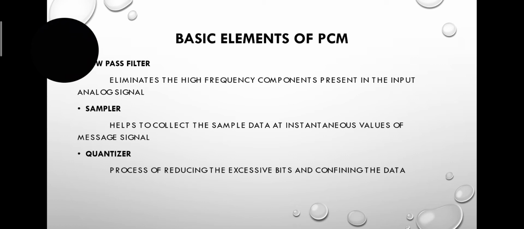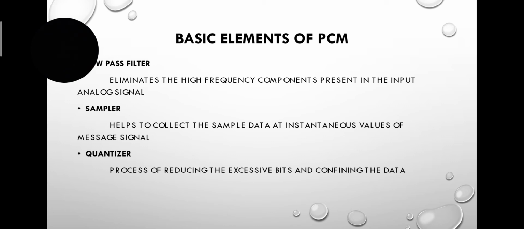This is the technique which helps to collect the sample data at the instantaneous values of the message signal so as to reconstruct the original signal. The sampling rate must be greater than twice the highest frequency component W of the message signal, in accordance with the sampling theorem.